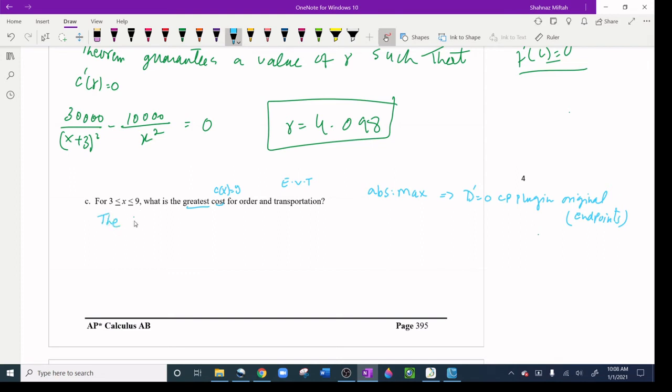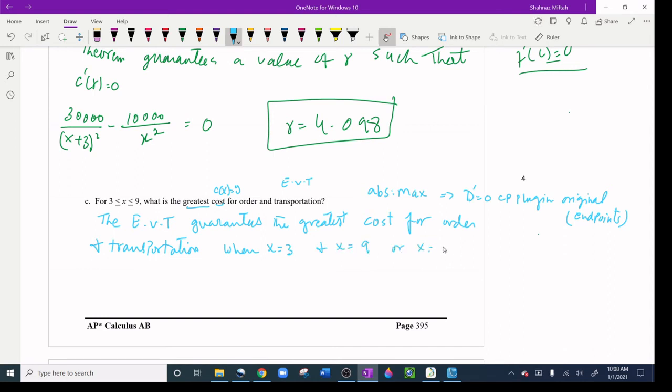but I have to tell them this is EVT. So I'm going to say the EVT guarantees the greatest cost for order and transportation when x is equal to 3 and x is equal to 9, or x is equal to 4.098, which is a critical point.